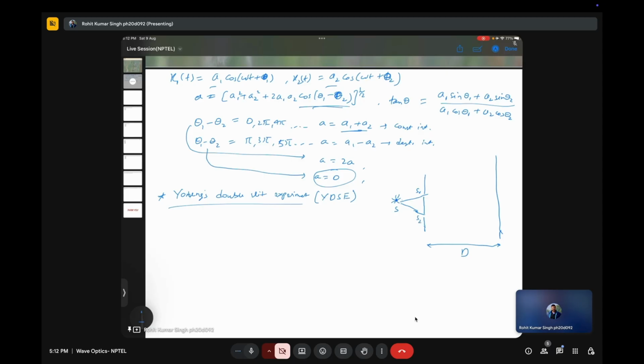What he observed on this screen is a pattern of light and dark patterns, basically fringes.